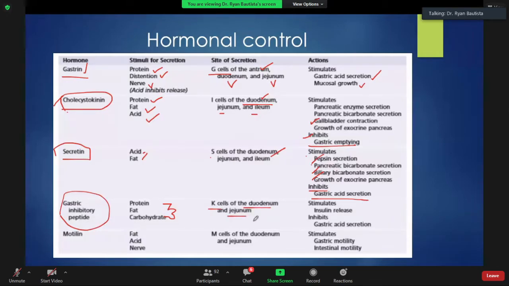So why do we need to know that, Dr. Bautista? Because, my dear students, it is stimulating the release of insulin from your pancreas, and it also inhibits acidity in the stomach. Why do we need to know that? What's the clinical factor of your GIP or gastric inhibitory peptide?